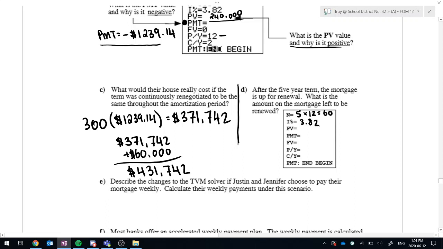We know that the present value at the start was $240,000. We're going to leave that positive because that is the money the bank was owing us. We are making payments of $1,239.14, and this value is negative because that's money leaving our pocket, right? And we want to calculate the final value, so we're going to find that.